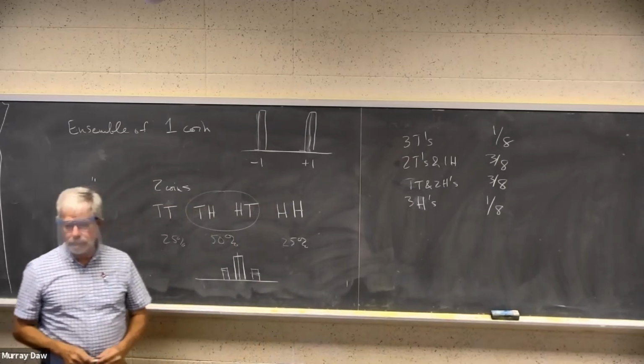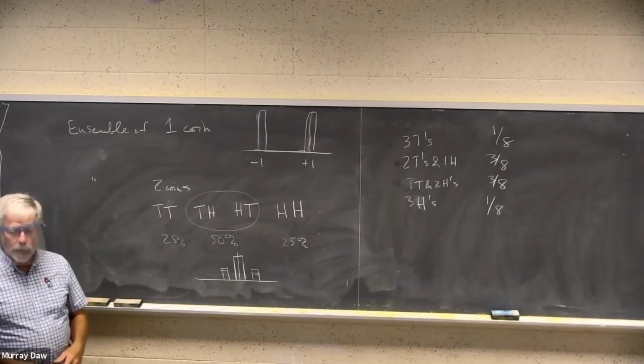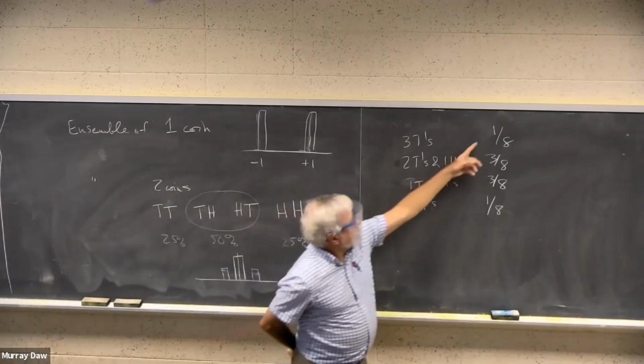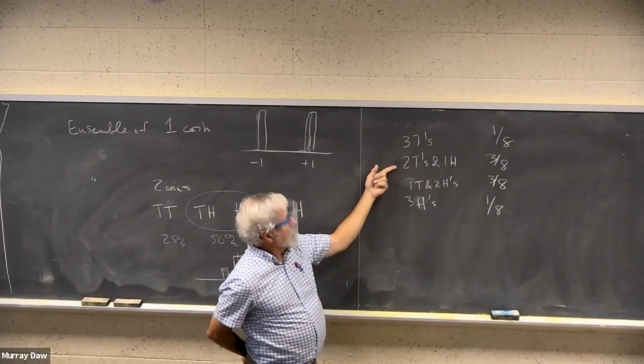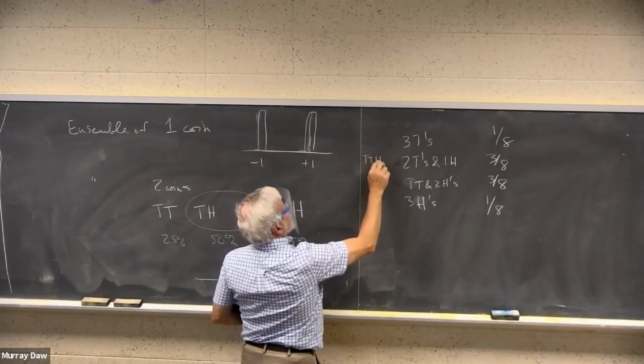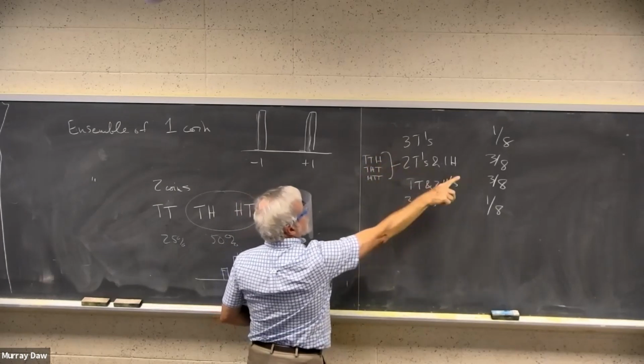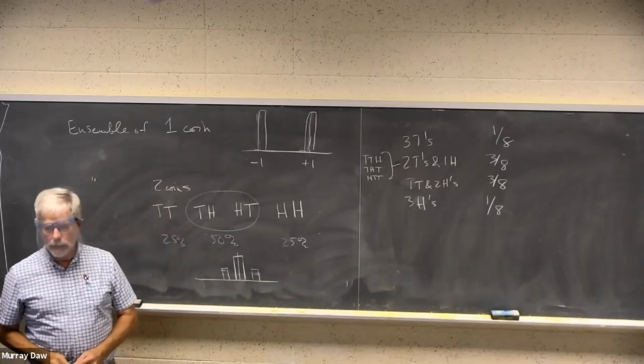That's right. Okay, so the reason for this difference is because I'm not keeping track of the order. What goes into this is tail, tail, head; tail, head, tail; and head, tail, tail. These are all being included. That's why it's 3. See how that works?